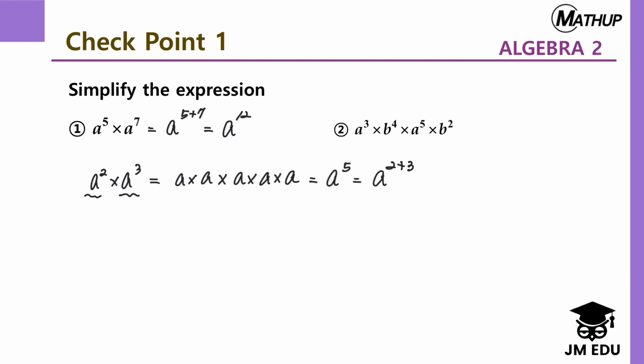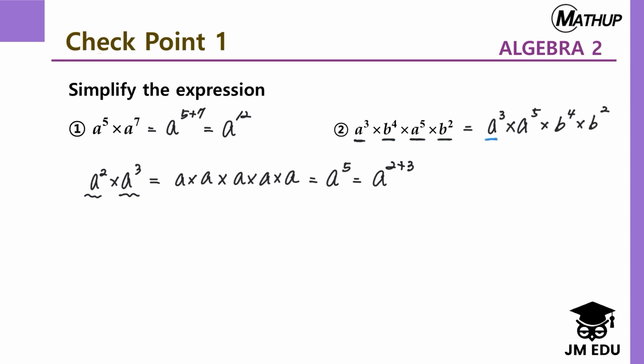Number 2, we have a cubed, but this is a different base, b to the 4, right? We cannot simplify these two terms, but we have a to the 5 here, and b squared here. So let me rewrite this expression: a cubed times a to the power of 5 times b to the power of 4 times b squared.